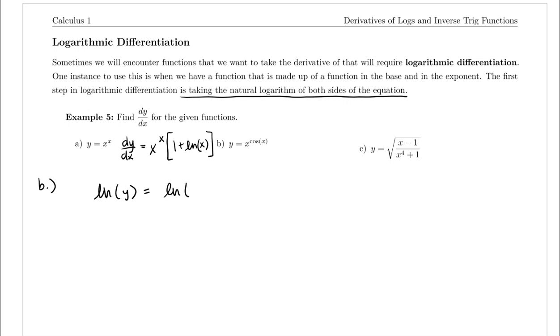On the right-hand side, I'm going to be able to use the power rule for logarithms, so if I rewrite this, I have the natural log of y is equal to cosine of x times the natural log of x. From here, I can use implicit differentiation and take the derivative of both sides with respect to x.